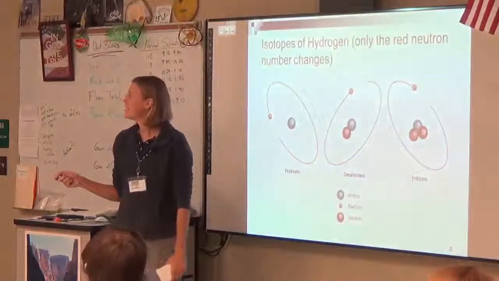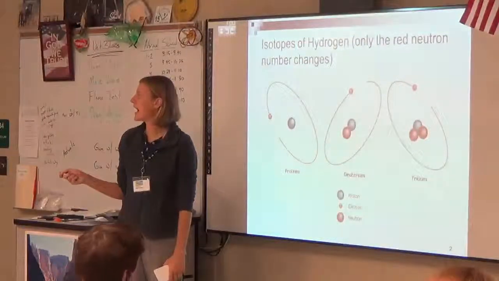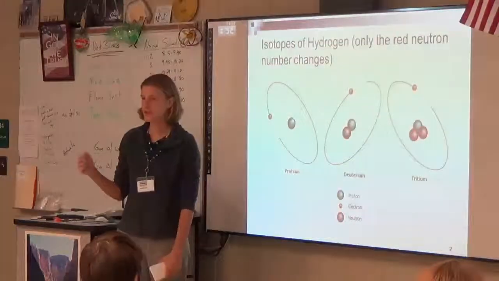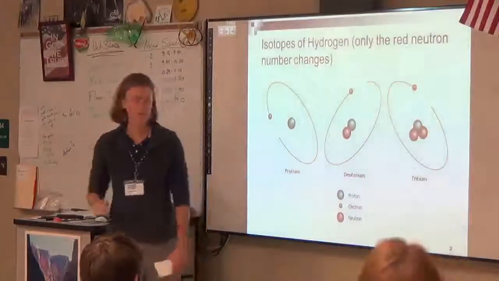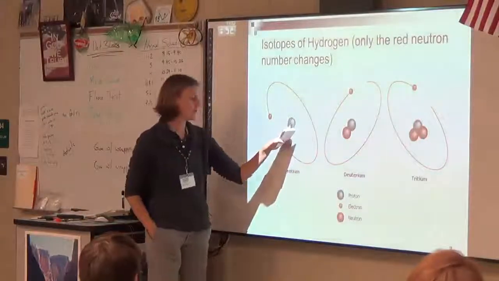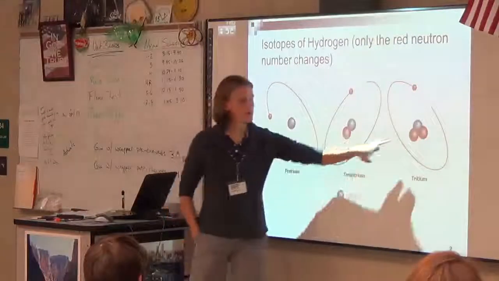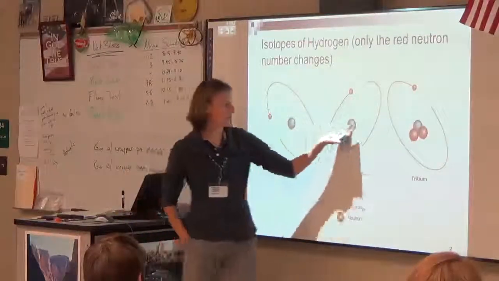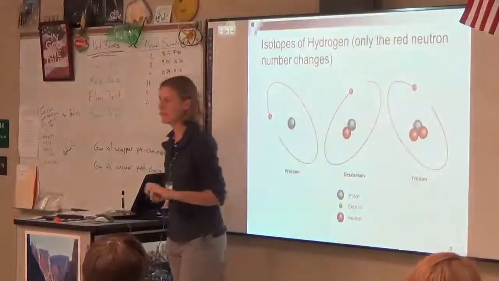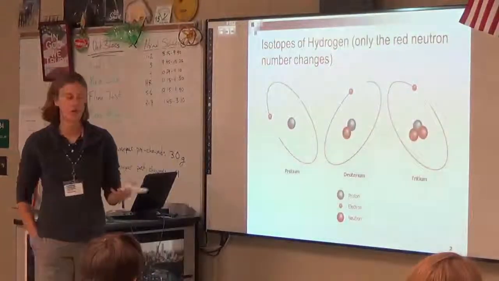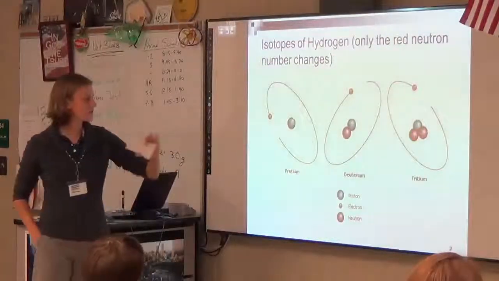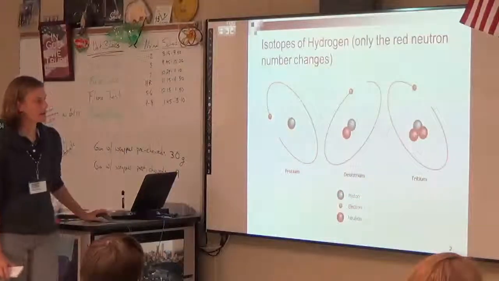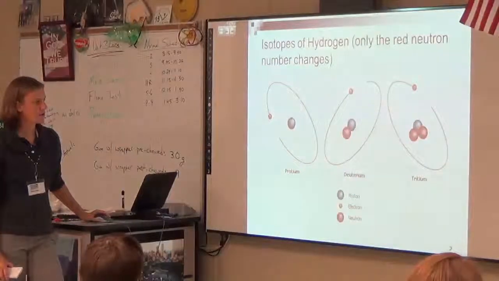If you look at the periodic table, hydrogen usually has just a mass of 1. Well, that should mean there's only one thing in the nucleus, so only a proton in the nucleus. So these are all technically hydrogen because they all have one proton. The number of protons is the thing that tells you what element you have. So those all have to be hydrogens, but they are just different isotopes of hydrogen because these are obviously heavier.